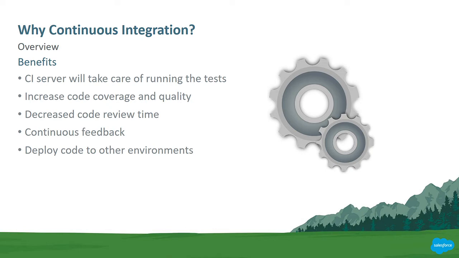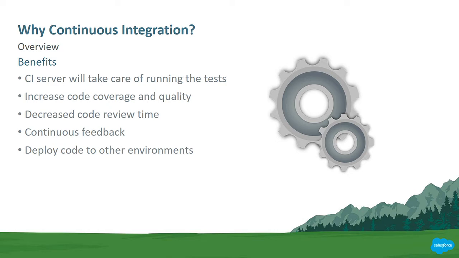So that's for me. There are a lot of benefits for this. Of course, Jenkins will take care of running my tests. That's great. But there are also other benefits, for example, if I want a code coverage report, I can get it. If I want to check the quality of my code, we also have tools like PMD or Sonar that we can use to get those reports and know the code coverage and the quality of my code.